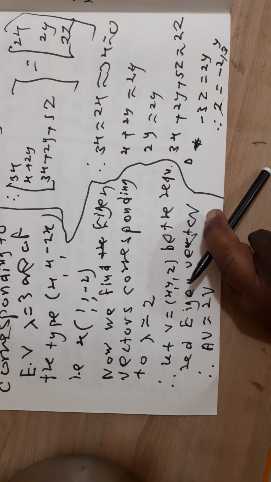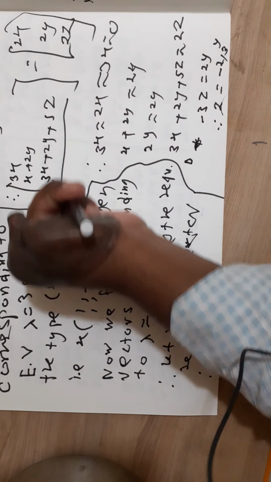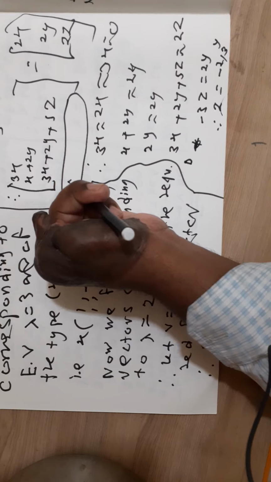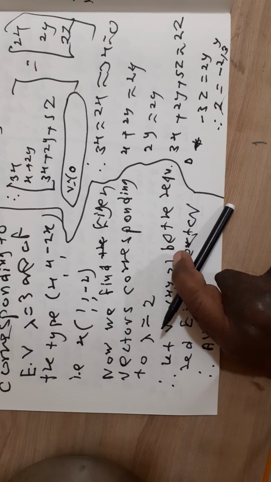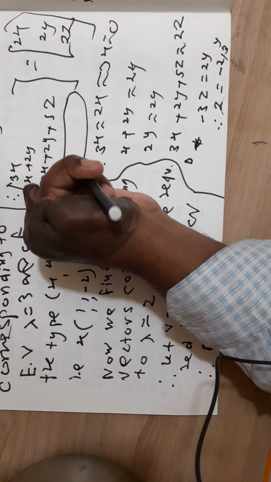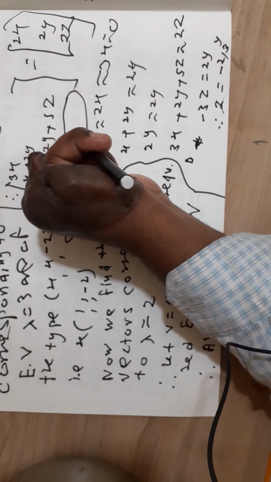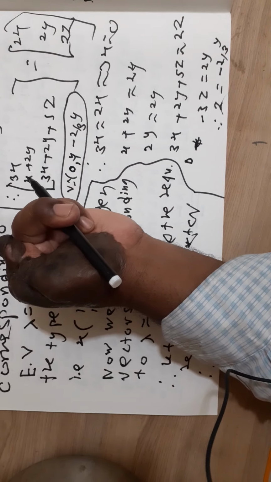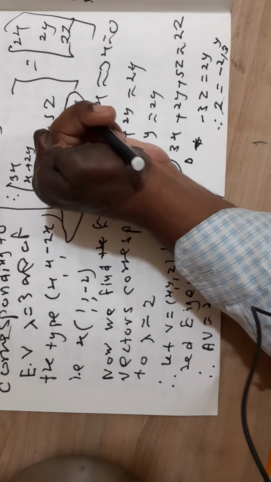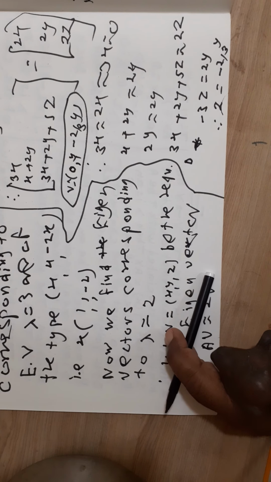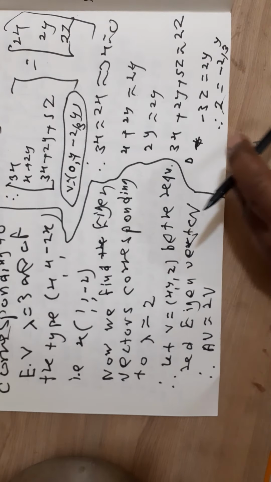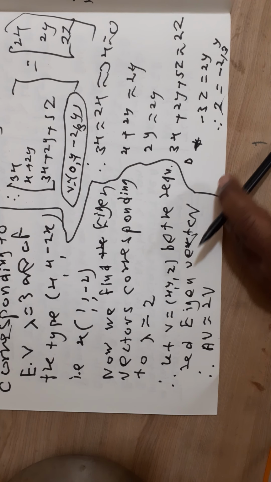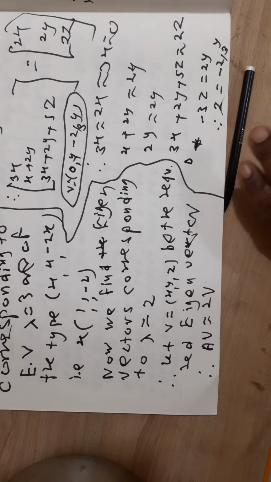In this case the eigenvectors are of the type 0, y, minus 1 by 3y. Put y is equal to 1, then we get the resulting eigenvector 0, 1, minus 1 by 3. Here similarly you can find the eigenvector corresponding to eigenvalue lambda is equal to 5.